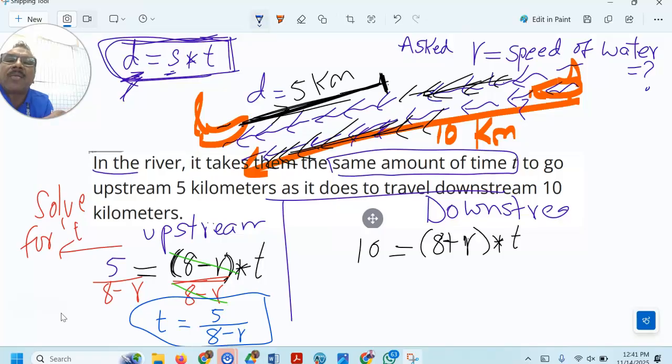In the second case also you can divide, but this time you are dividing by 8 plus r here, and you are dividing this side also by 8 plus r. So why do we divide? So that we can cross out 8 plus r, and you want to solve for t, right?